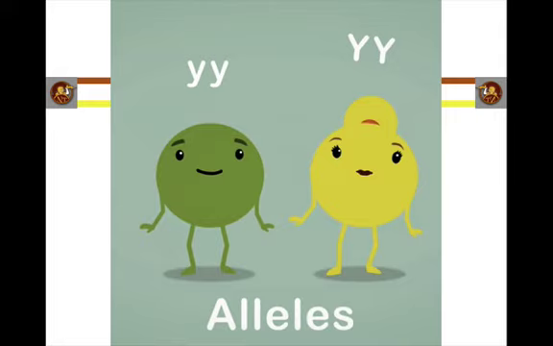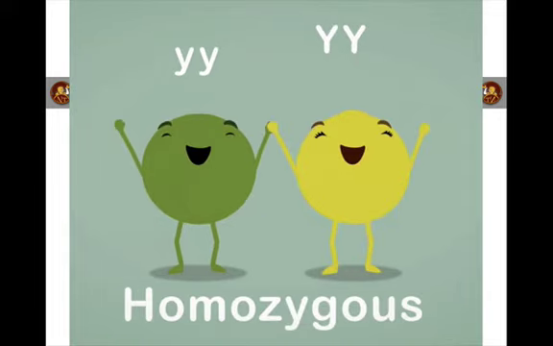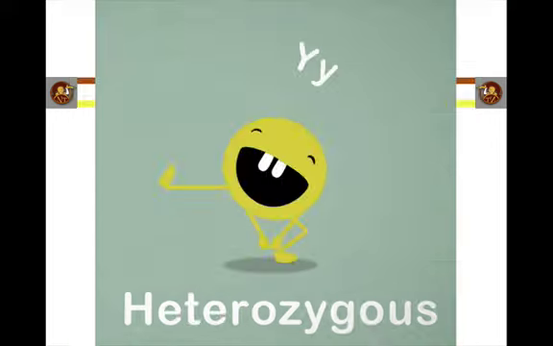Alleles are genes or alternative forms of genes that are located at the same place on a chromosome. Homozygous means that you have two uppercase, or you have two lowercase. And heterozygous is one uppercase letter and one lowercase letter.